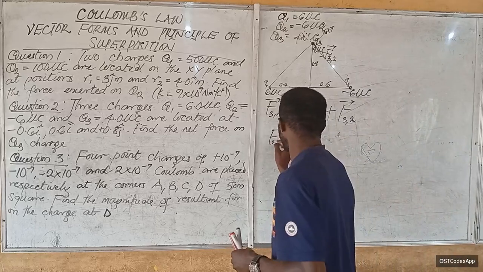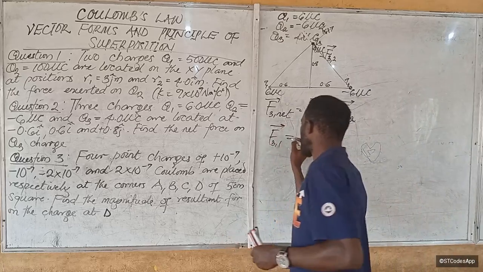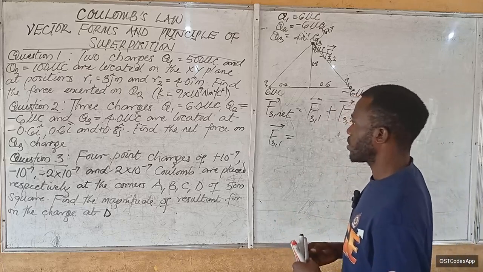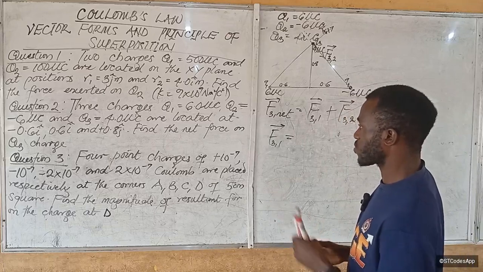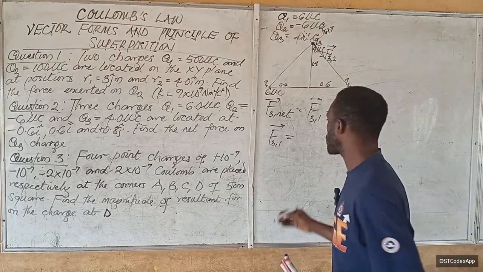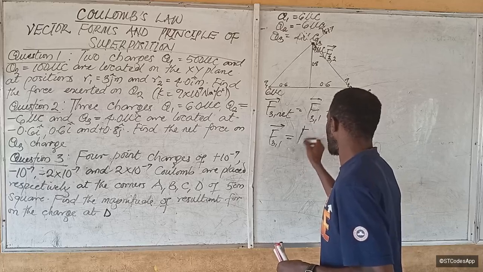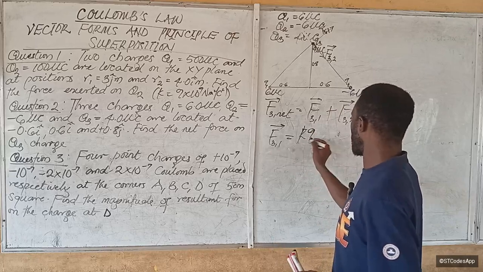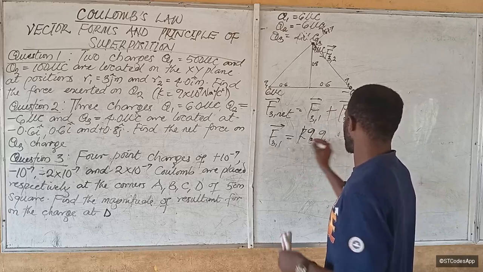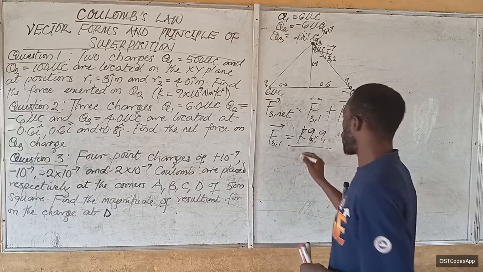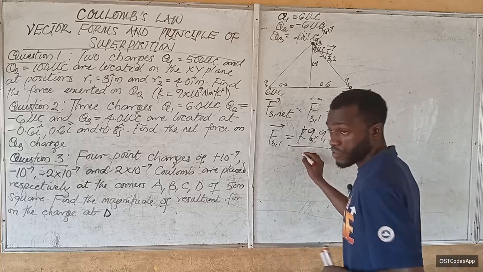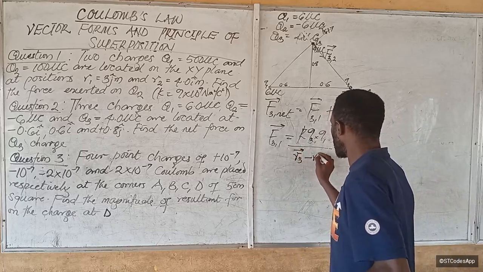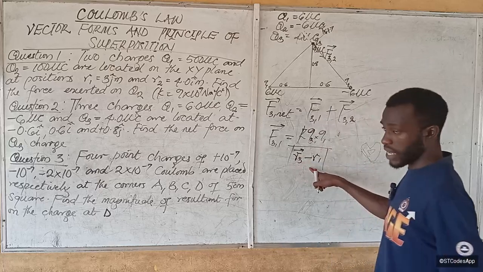So we have F31 equal to, so the formula we'll be using will be what? Okay, we have vector notation too. So the formula is going to be K Q1 Q3, that is Q1 times Q3, over the magnitude of the position vector that points from 3 to 1, squared, times r hat 3,1, the unit vector that points from 3 to 1.